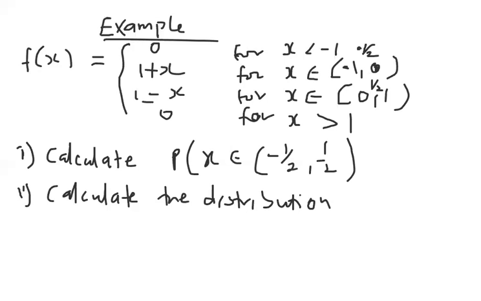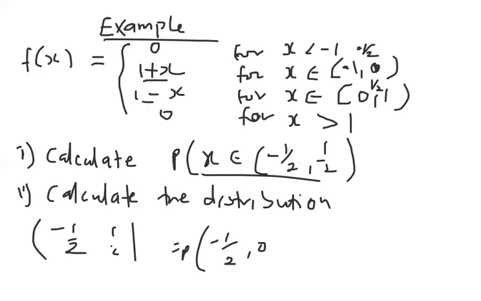So I will have to decompose this probability. The probability from -half to half is the same as the probability from -half up to 0, plus 0 up to half.